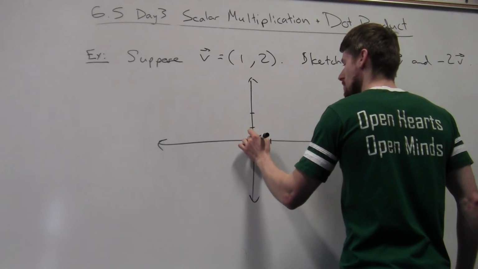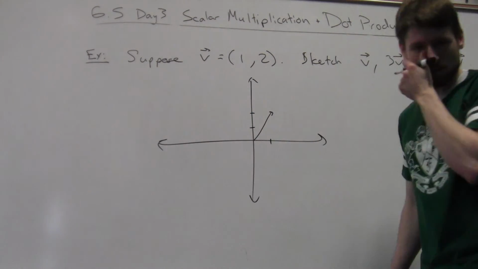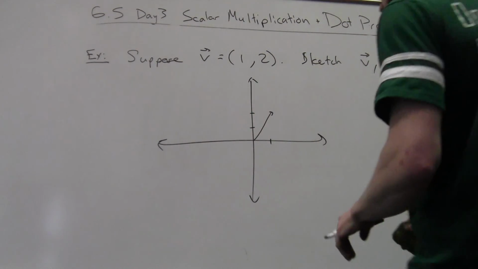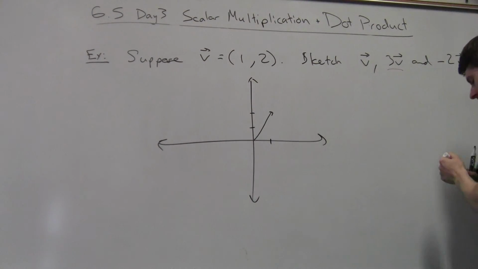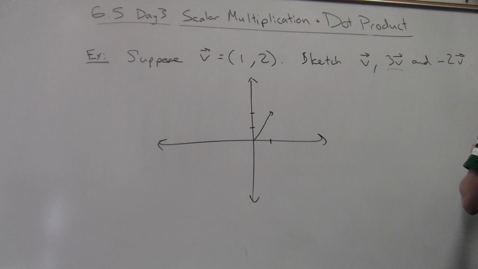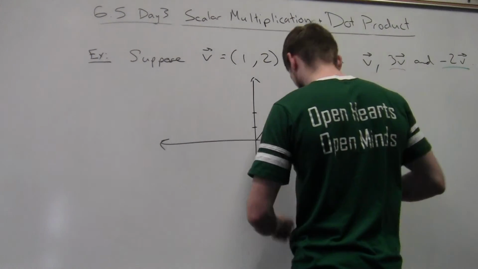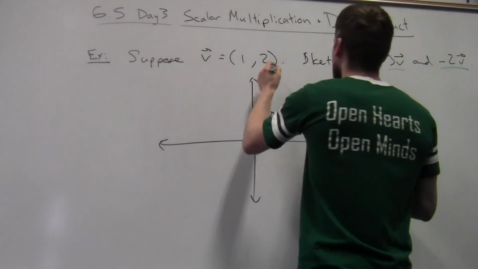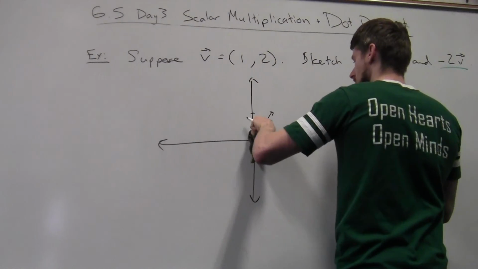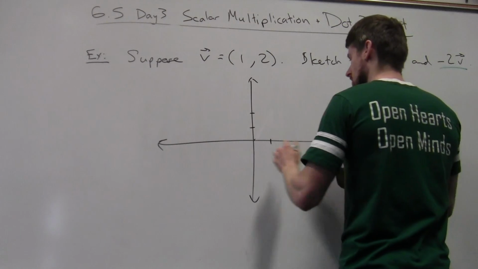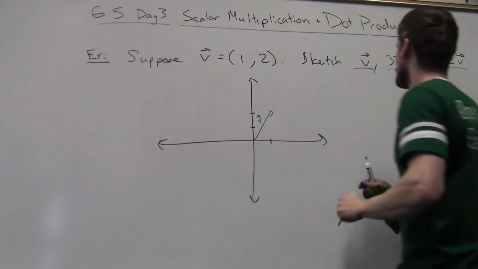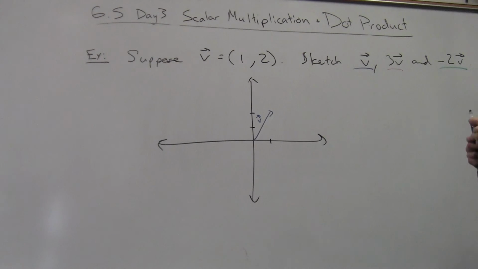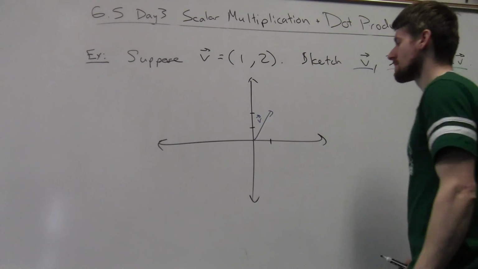Okay, so the vector v is from 1 to 2. That's our vector v. I'm going to sketch 3v in red and negative 2v in green. Well, let's do this one in blue, because we got 3 colors and we're dealing with 3 vectors. So blue is my original vector v. So what do you expect happens to 3v if it's 3 times longer?